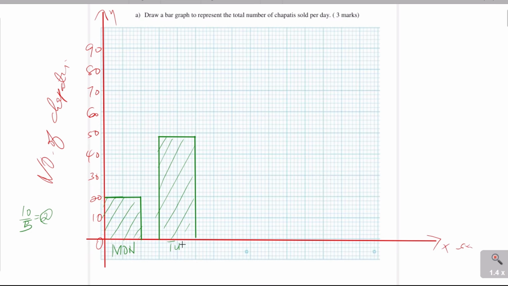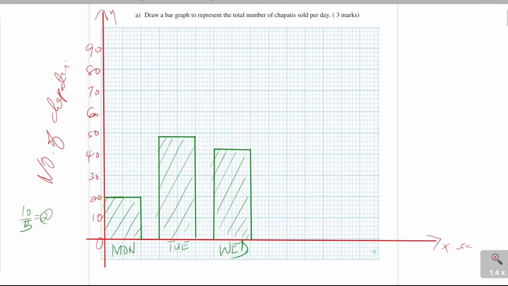So that is Tuesday. Then for Wednesday, 42. So 40 and then one small square, 42. So that will be Wednesday.